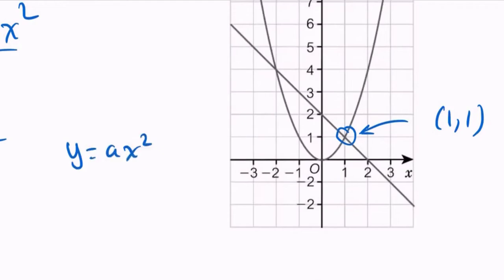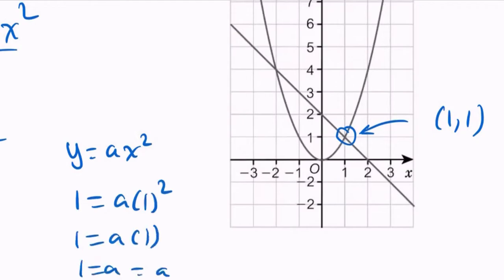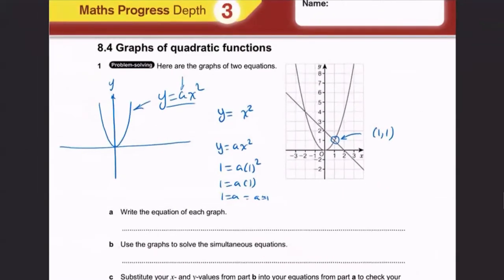Put 1 instead of y and 1 instead of x. So 1 equals a times 1, meaning a equals 1. So the curve is y equals 1x squared, and we don't write a coefficient of 1. So this graph is y equals x squared. Did you get how I got the graph?